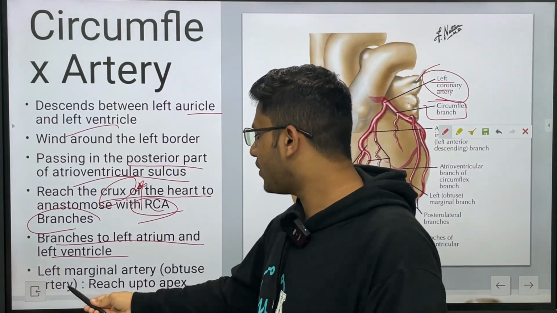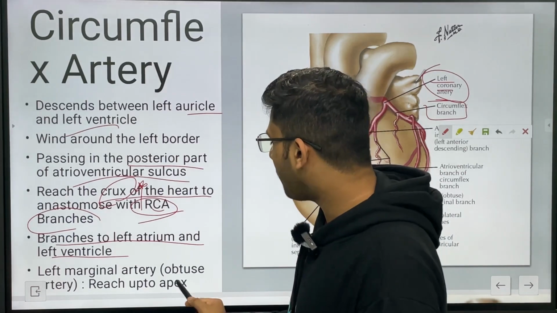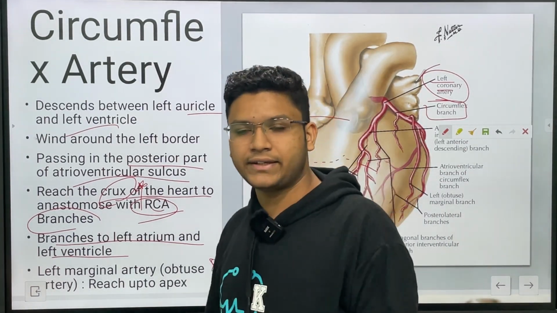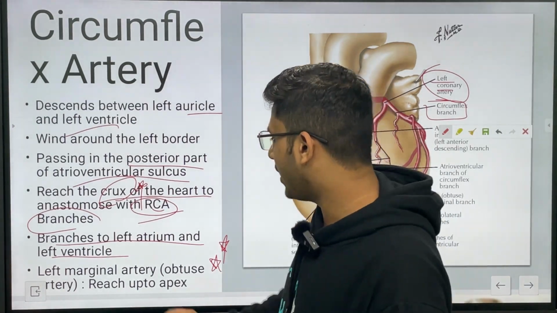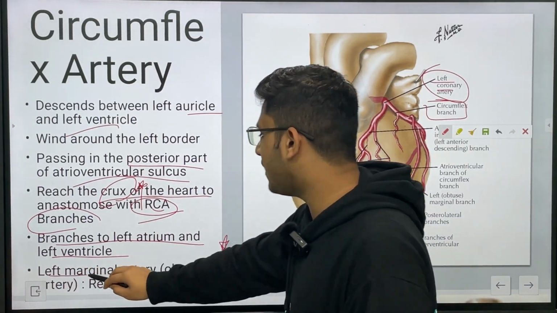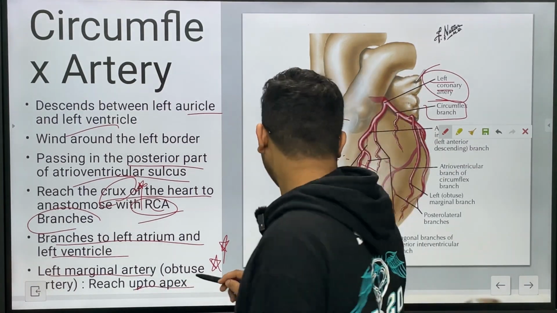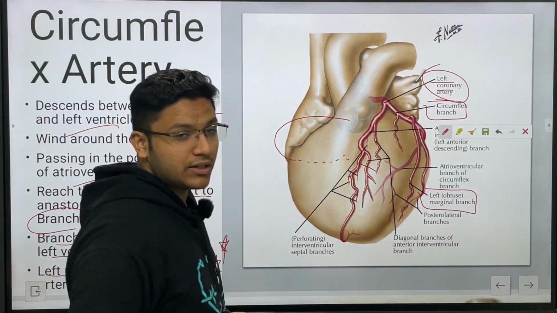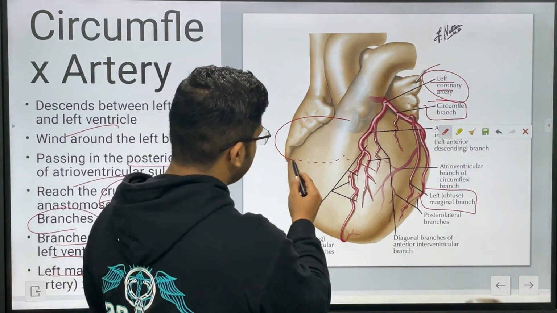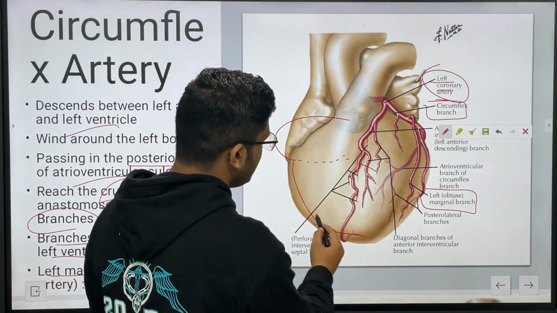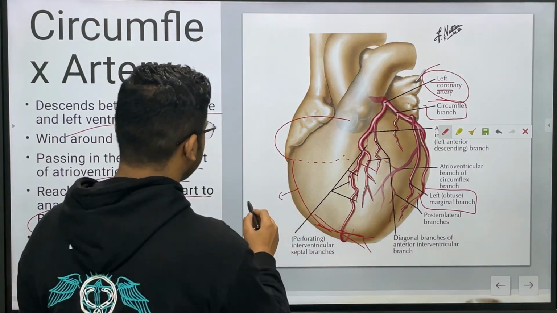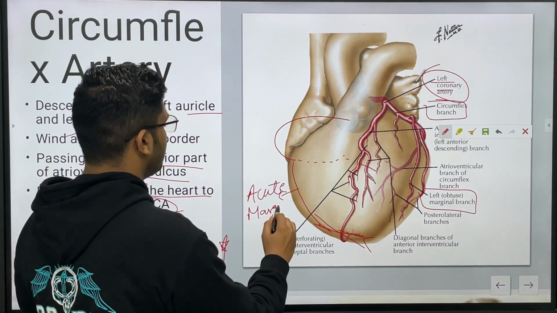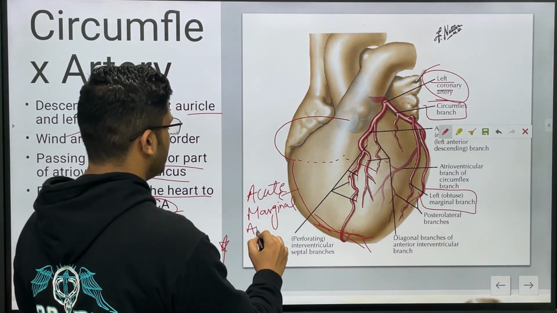The next thing is the left marginal artery or obtuse marginal artery. Very important, because we just discussed the acute marginal artery, but here it is the left marginal artery. It reaches the apex. This is your left or obtuse marginal artery, and there will be one acute marginal artery.